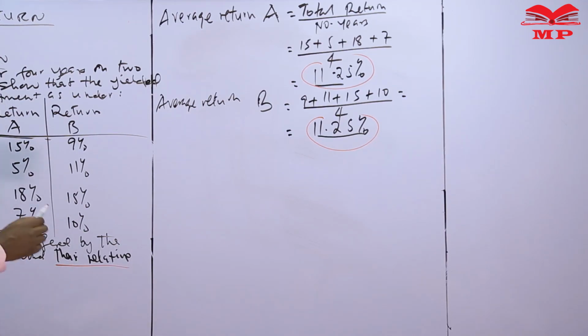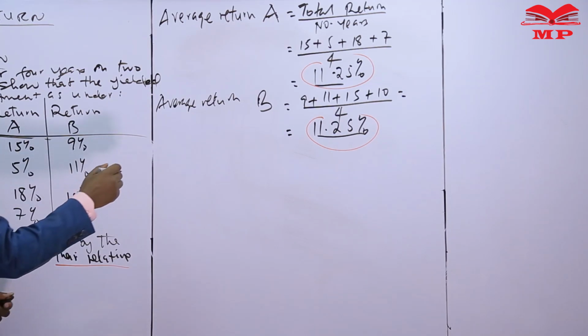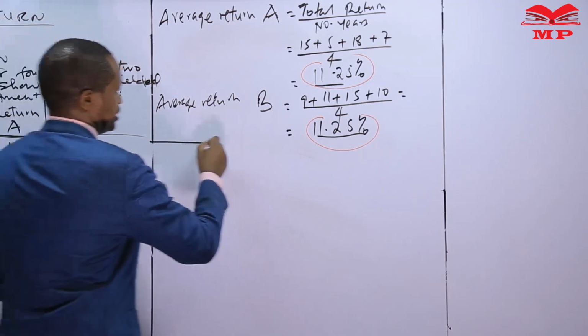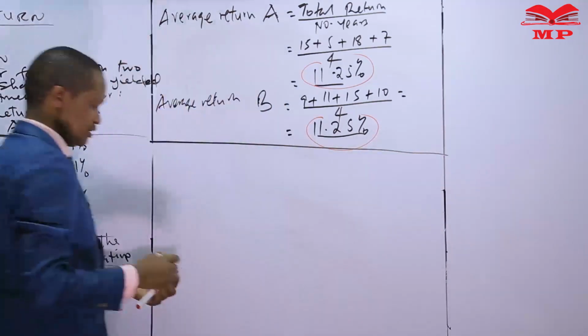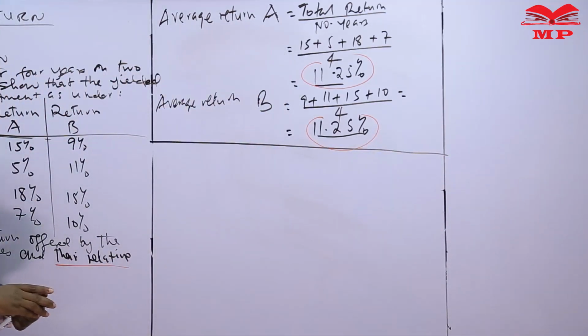We need to compute the risk for security A and security B. And how do you compute risk? We compute risk by calculating the standard deviation for both the securities.